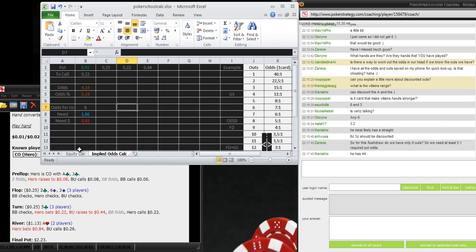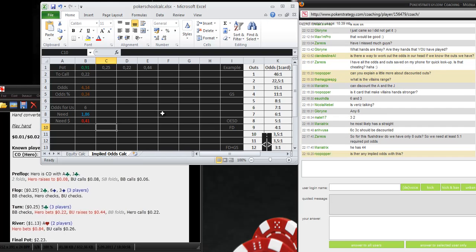We see that on the river we have to be sure that we get at least 4 to 1, and then our implied odds are correct. And if we expect not to get the implied odds, then we should rather fold the hand.